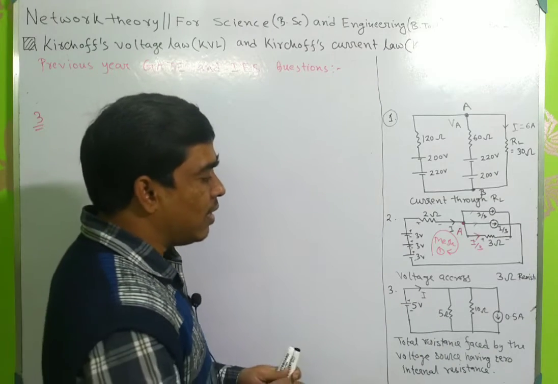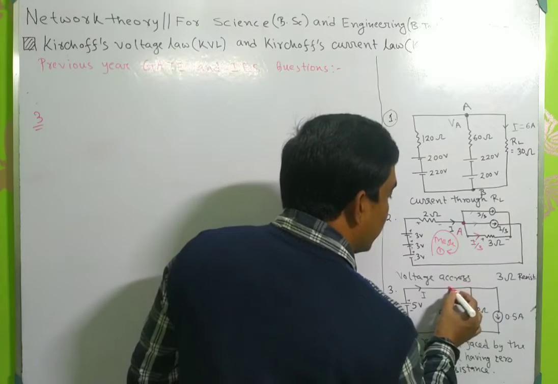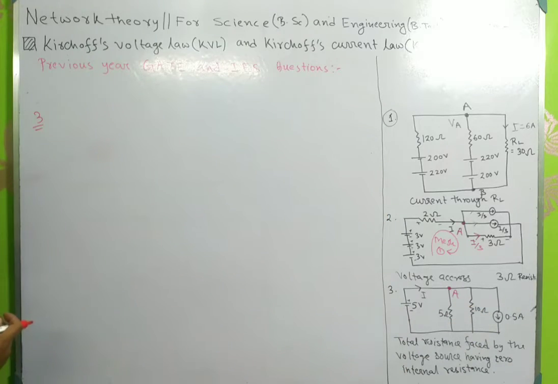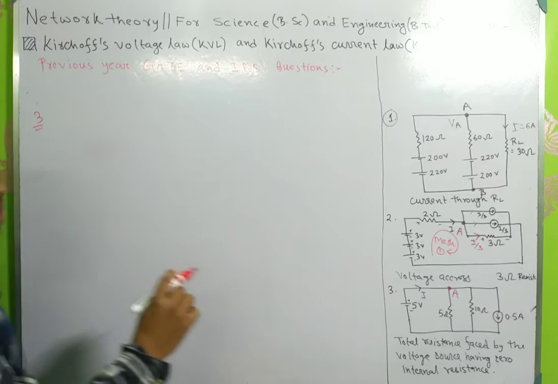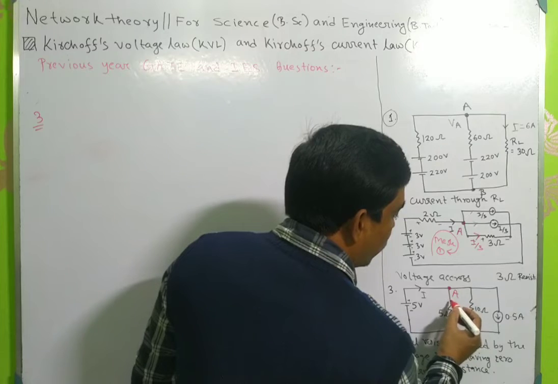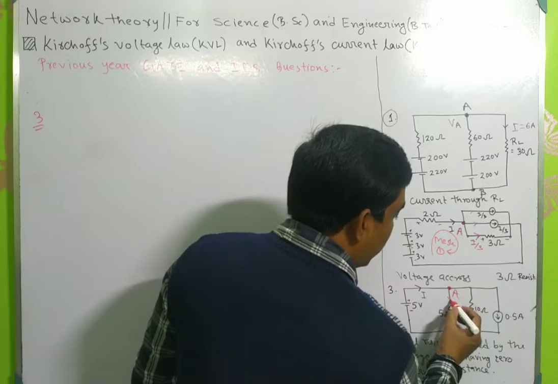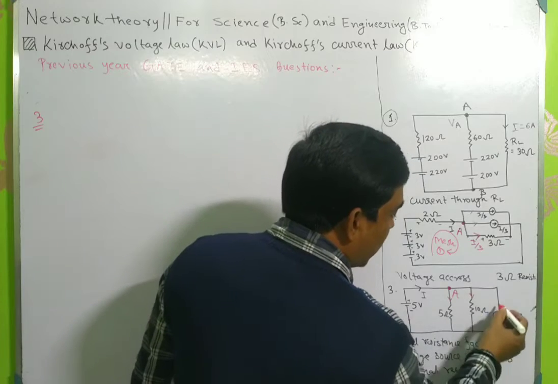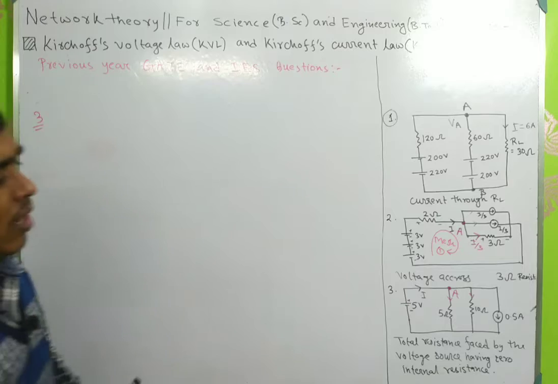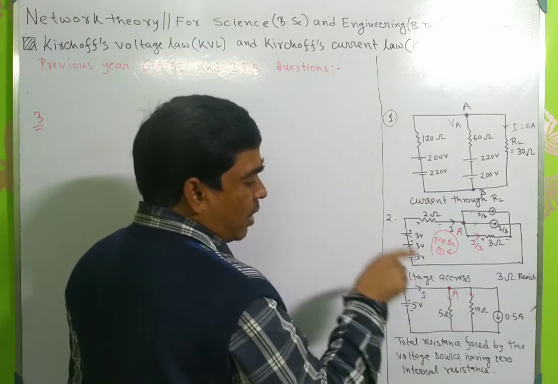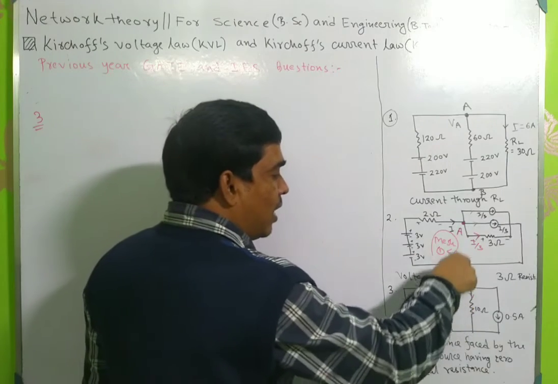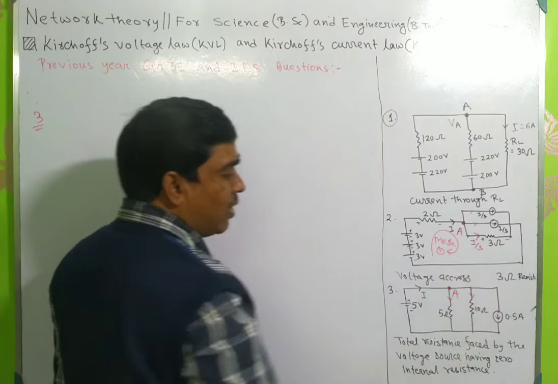This is a node, node A. Current will pass in this direction, in this direction, and in this direction. So the current through the 5 ohm resistance will be in this direction and the current through the 10 ohm resistance will be in this direction.